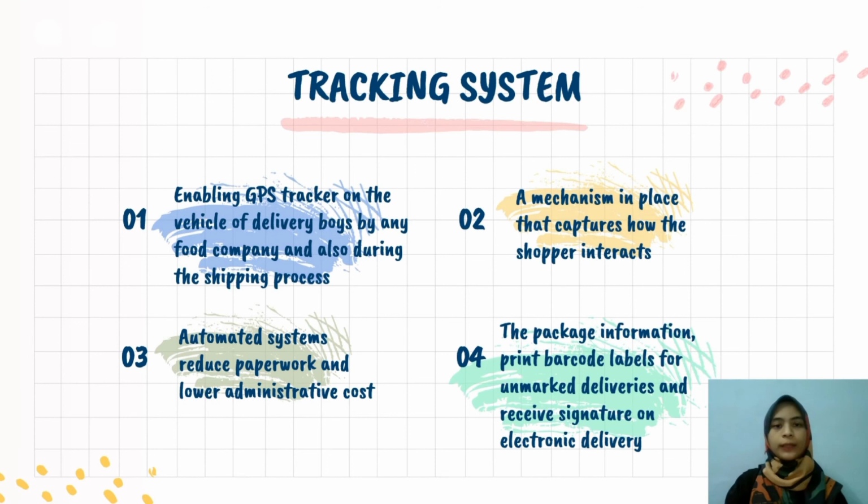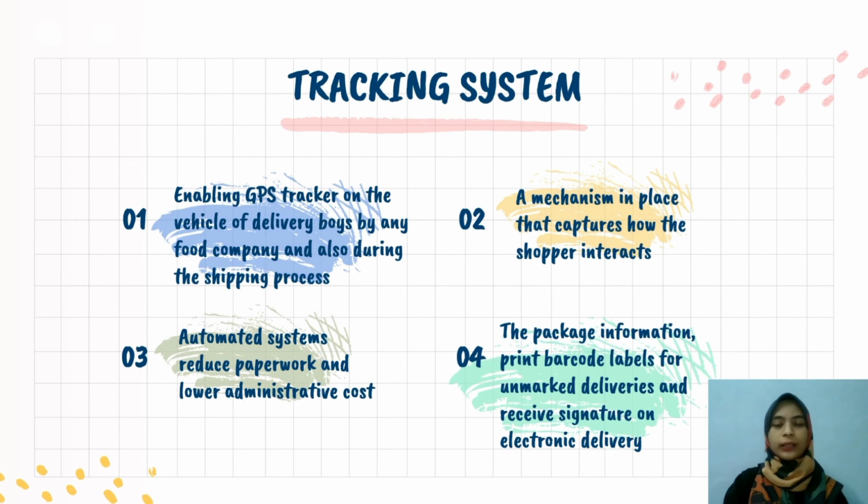Next, a possible way of applying information technology is a tracking system, such as enabling a GPS tracker on the vehicles of delivery riders of any food company and also during the shipping process. Second, the tracking system is a mechanism that captures how the shopper interacts and sends the data back to the company.